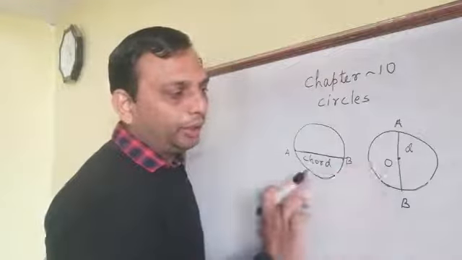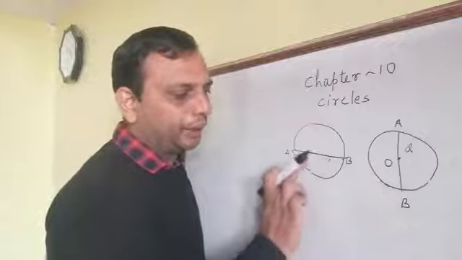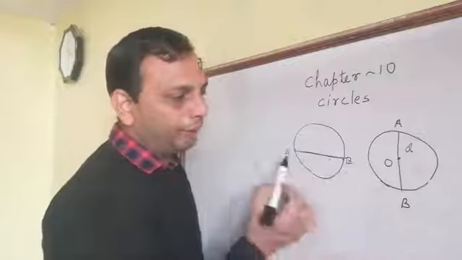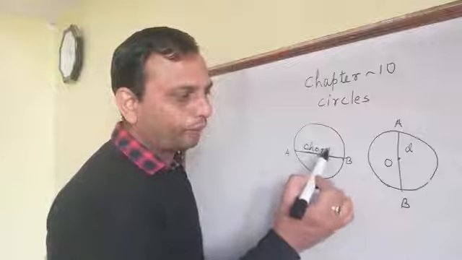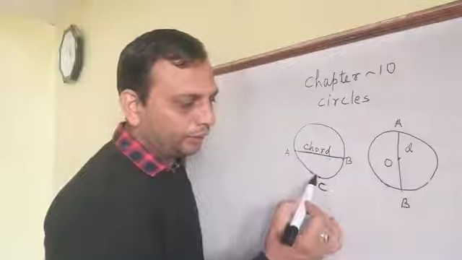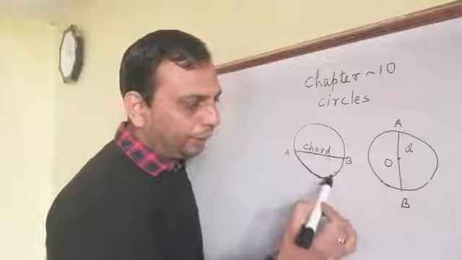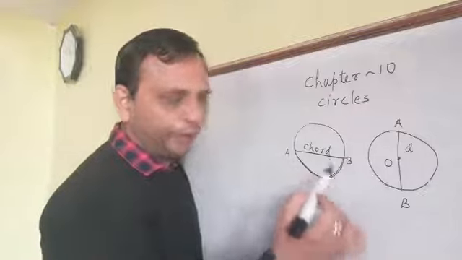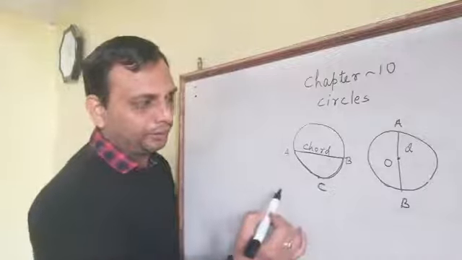Now, along with the chord and diameter, the circle has another part. Suppose AB is the chord, and here you take the point C. Can you see ACB? This is called an arc.